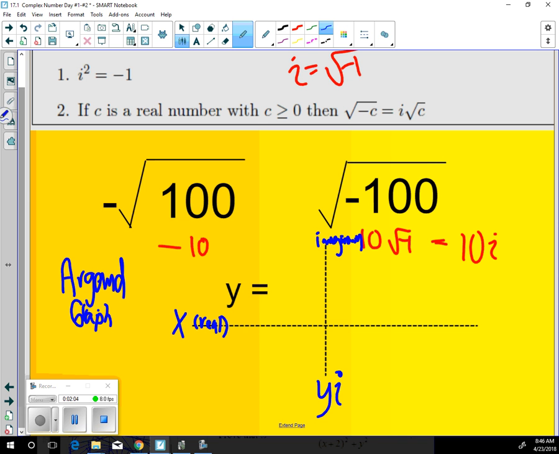Okay, it's numbered like this: 1, 2, 3, and this is i, 2i, 3i.